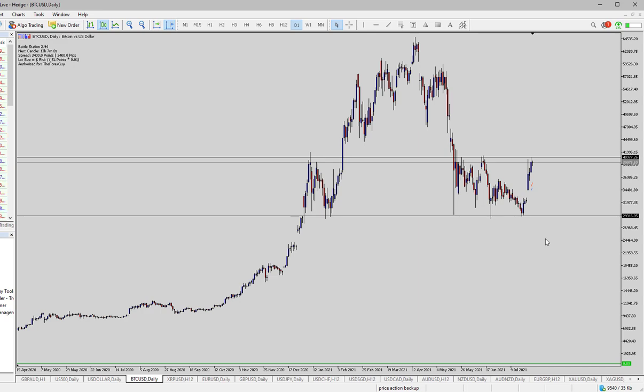And if you can't make sense of what you're seeing on the chart, zoom out. When you zoom out, eventually some sort of structure will become available and you'll see it, mark it out, and then you can start working your way back in and trying to figure out what you want to do. But usually the answer is on your zoomed out daily or on your weekly or something like that.